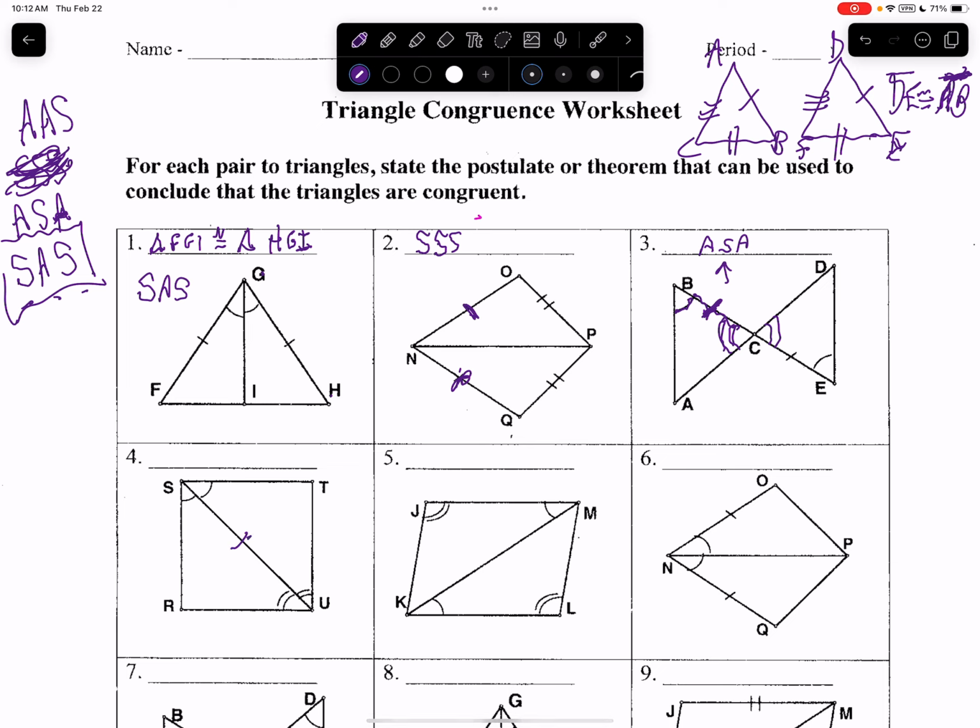This one here, obviously that side's congruent to itself. So this would be angle, side, angle, right? Angle, side, angle. This would be angle, angle, side. The side's not in the middle of those two angles, is it? Okay. Angle, angle, side.